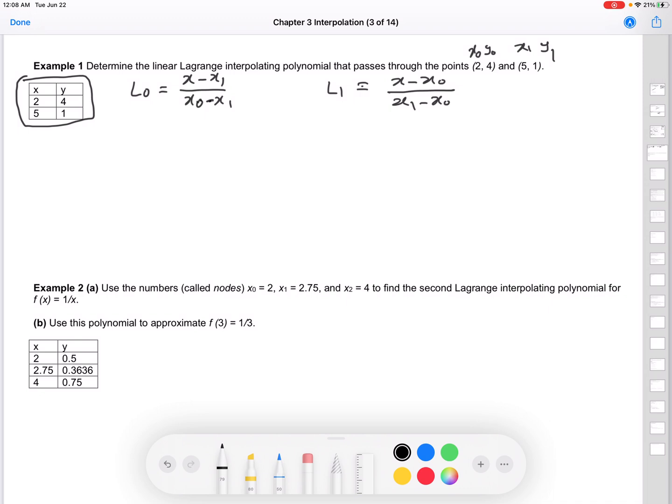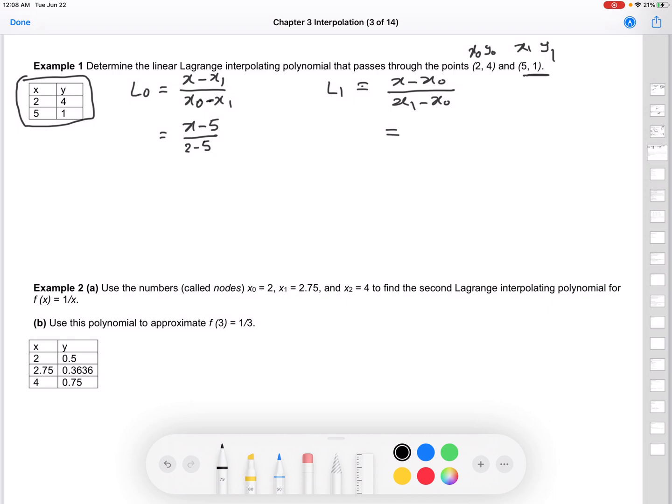Right now you just need to put in the values. x is any variable. So x minus what is x1? x1 is 5, and then x0 minus x1, so 2 minus 5.